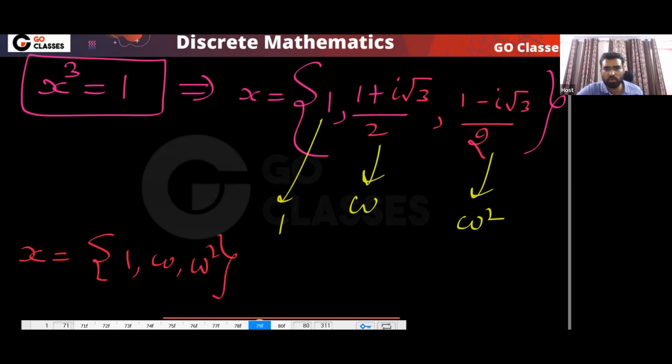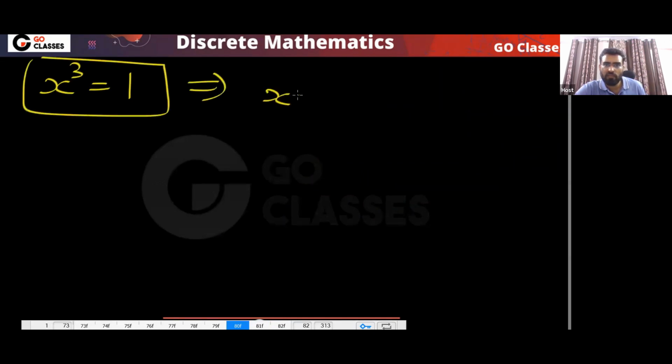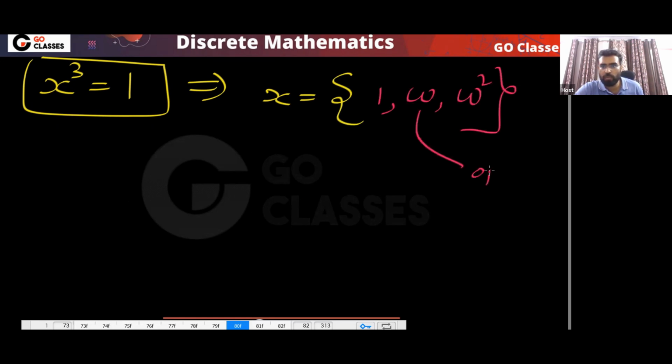So these are the solutions. This is the final conclusion: if I give you the equation x cube equal to 1, what will be the solutions of x? That will be 1, omega, omega square.